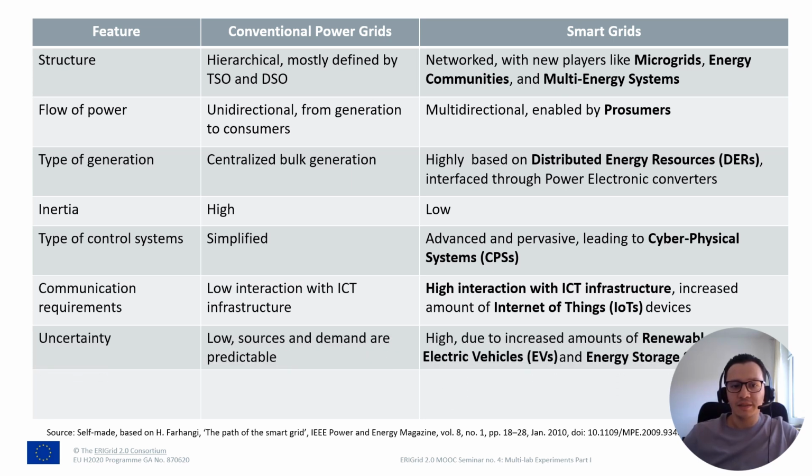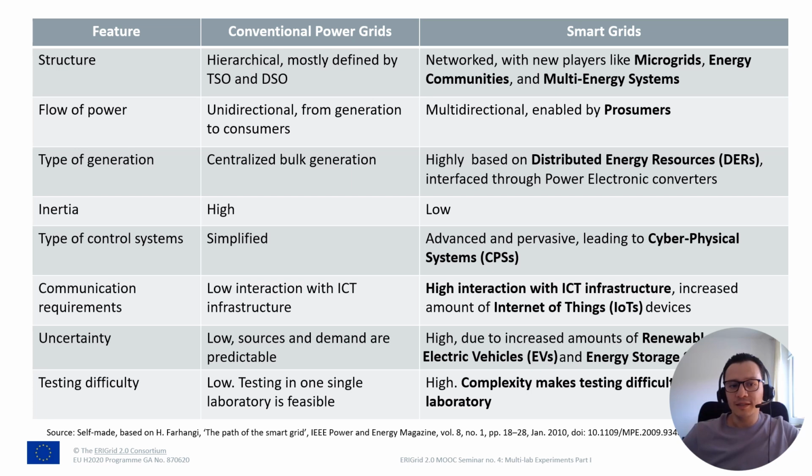This means that the uncertainty is low in the case of the conventional power grid, because mainly the energy sources and the demand are predictable, and in the case of smart grids, it's high uncertainty due to the increased amounts of renewable energies, electric vehicles, and energy storage systems.